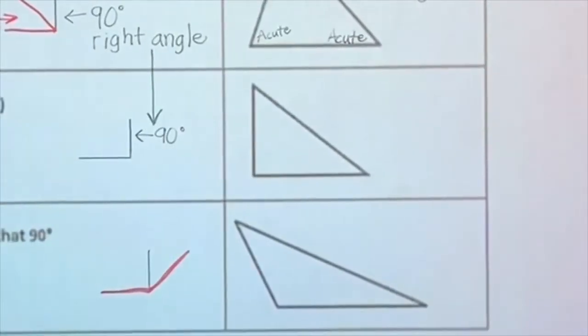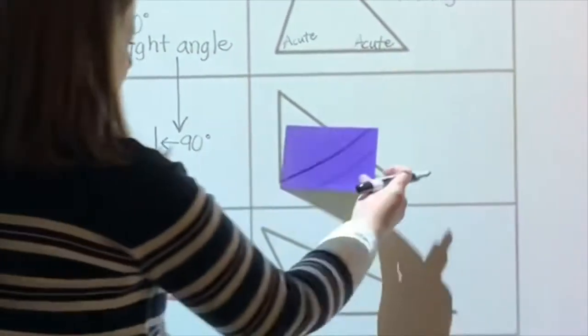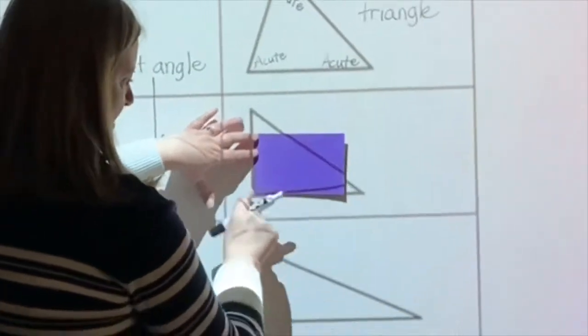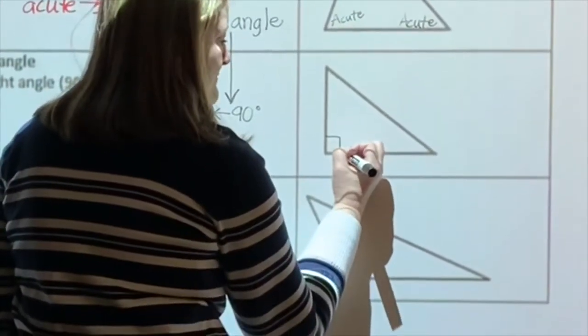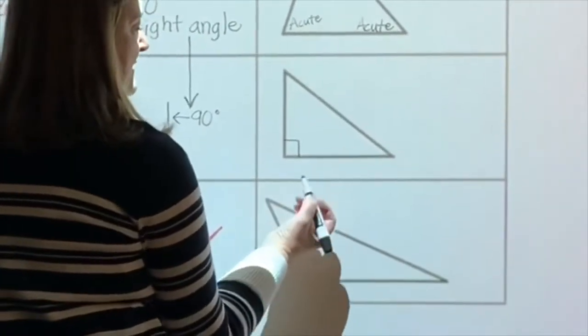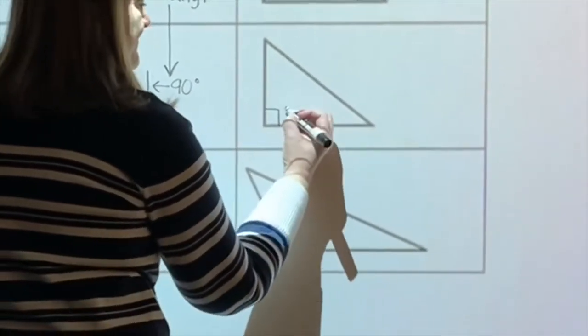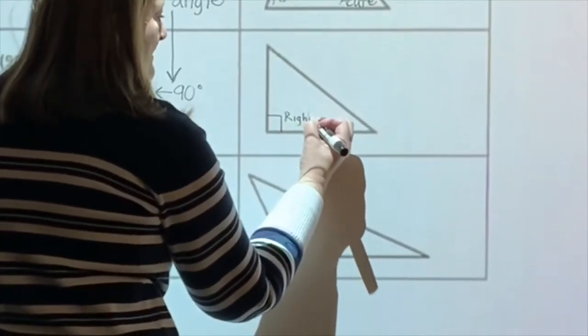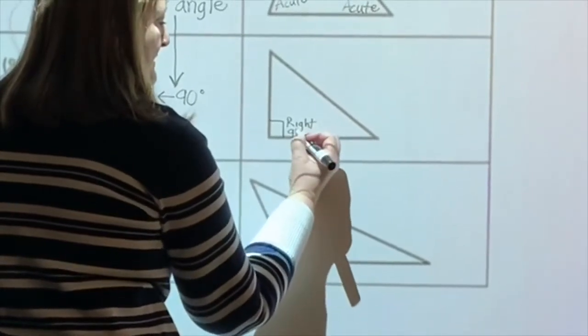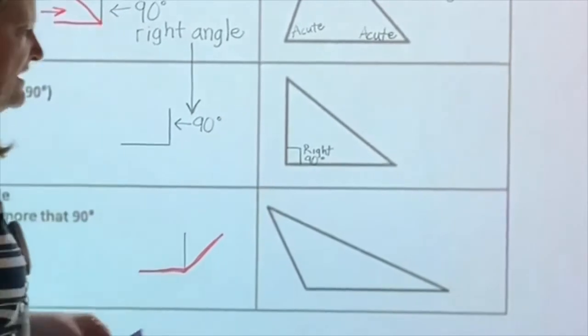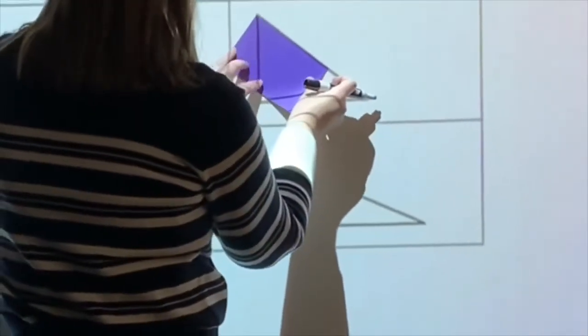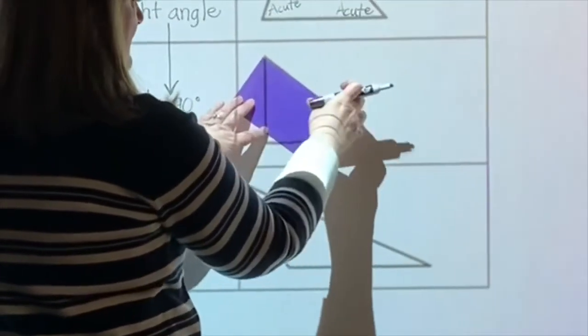Okay, let's take a look at the next one. This one right here, we line it up there and it lines up exactly there. That is a right angle right there. Sometimes you'll see this in there to represent that that's a right angle. So this is a right angle, or it is 90 degrees, or sometimes called a square angle. Now if we look at this one, it is less than 90 degrees.